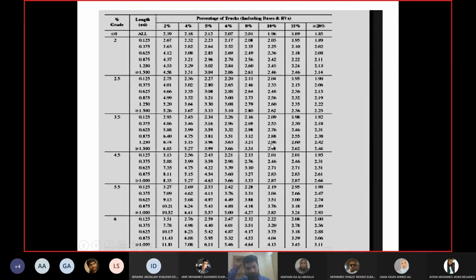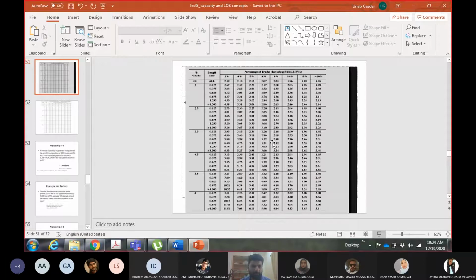If you want better results, you just refer to the table in the book. It is in chapter 28. 2.96. For the time being, just believe me.